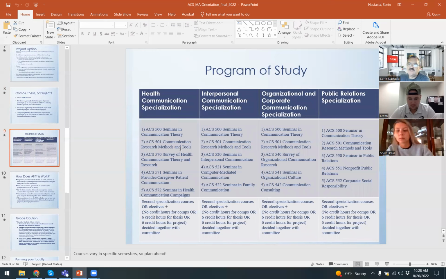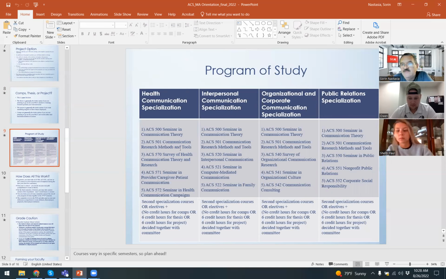We have a few students who are out of sync, especially international students who don't get their visas on time, and they defer and start their MA in the spring.